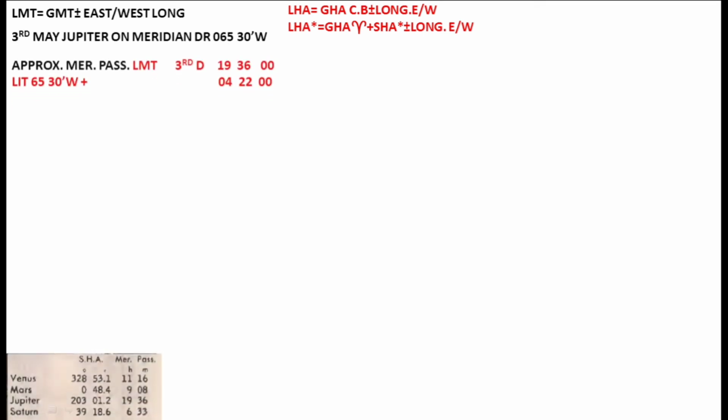Just an example of a planet here. Again, when I look into my almanac for that particular date, I get the date here, time 1936, and this is the approximate LMT. I use my LIT and I get my GMT using this formula here.